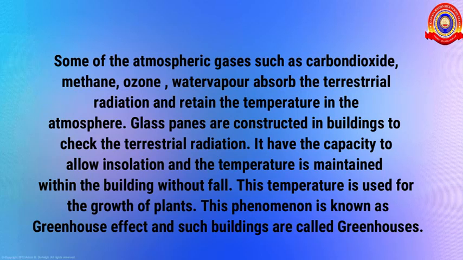It has the capacity to allow insolation, and the temperature is maintained within the building without fall. This temperature is used for the growth of plants. This phenomenon is known as the greenhouse effect and such buildings are called greenhouses.